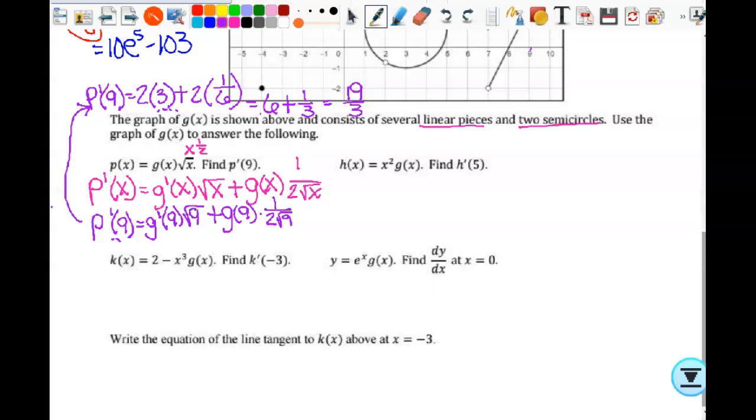Because this is a skill you're literally going to be using all year long. So we got to make sure we can practice on this. And you'll get better and better at it.